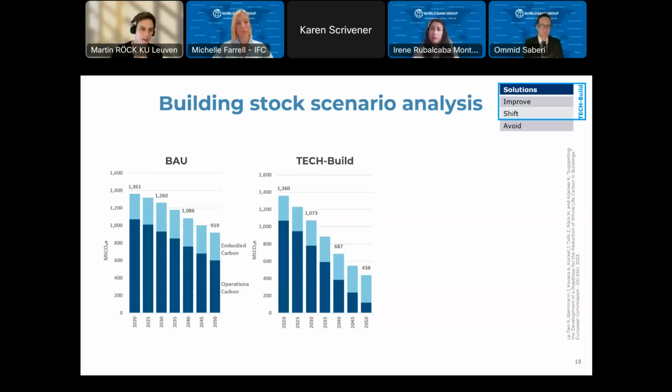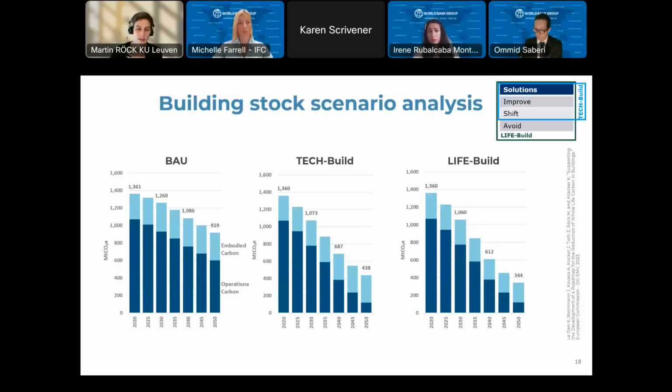So in the tech build scenario, we see a lot stronger reduction on the operational side on one hand, but we also see even an increase on the embodied carbon side, because in this scenario, we also had more renovation. So overall, it's a stronger reduction, but it's still not sufficient.